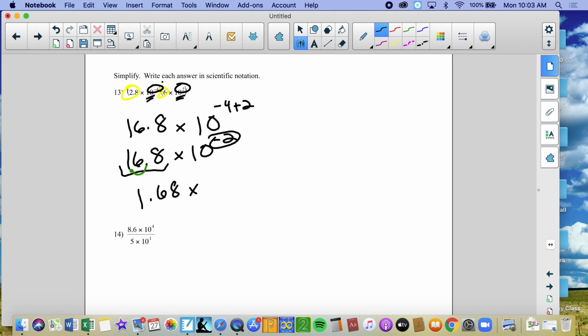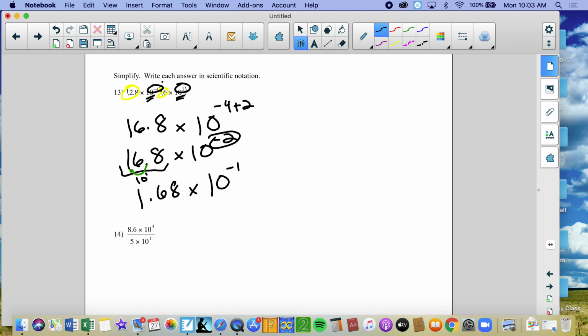Since I'm representing a base 10, this is going to be a positive 10, positive 1, right? 10 is equal to 10 to the first. So I need to represent that decimal place movement, and so that's going to be negative 2 plus 1, which gives me negative 1.